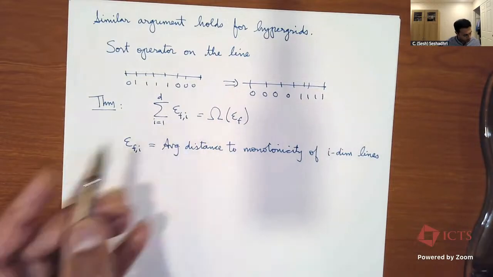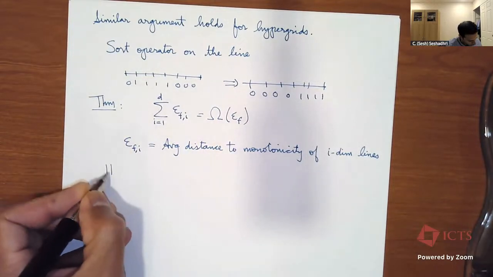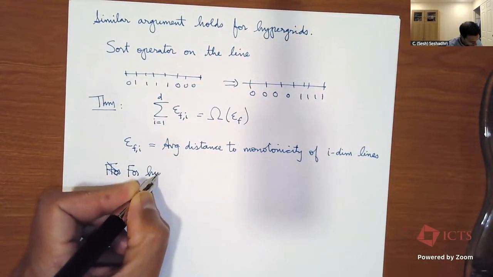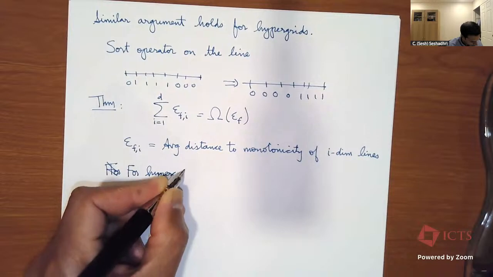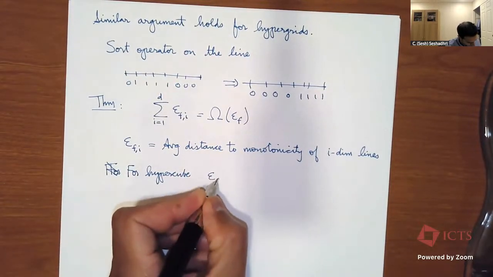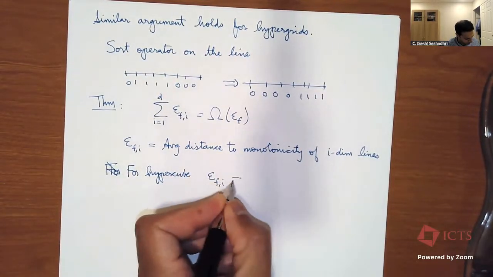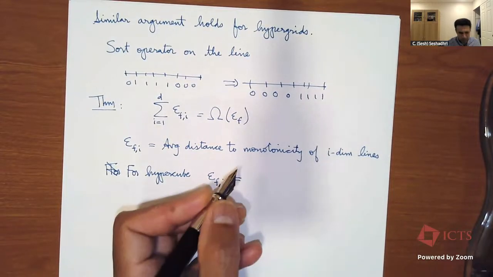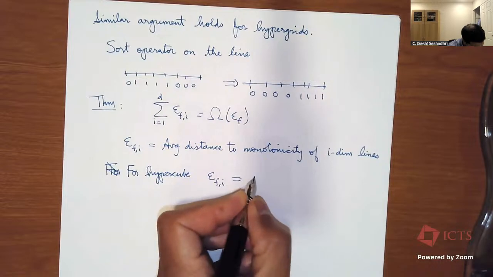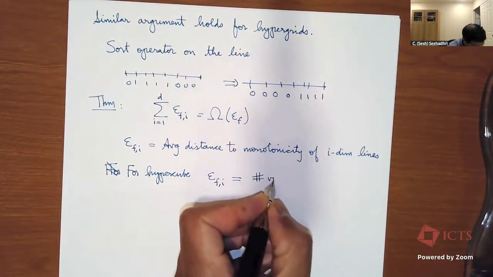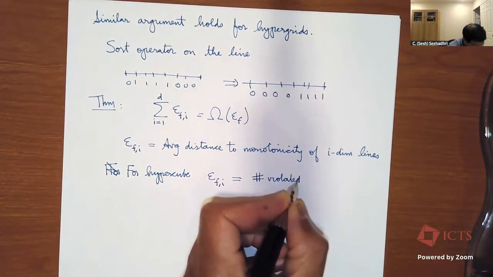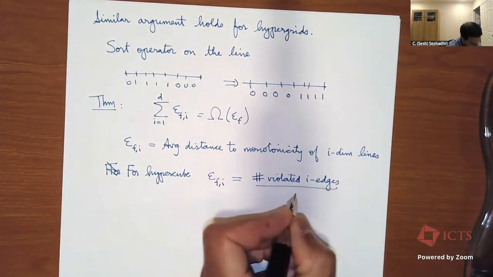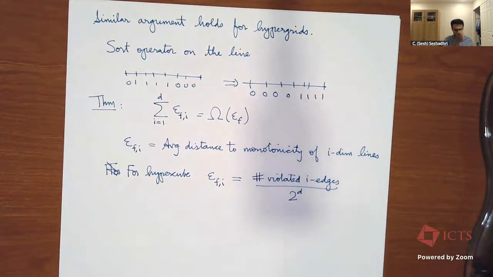And note that in the hypercube, this is exactly equal to, up to a constant, the number of violated i edges divided by 2 to the d.